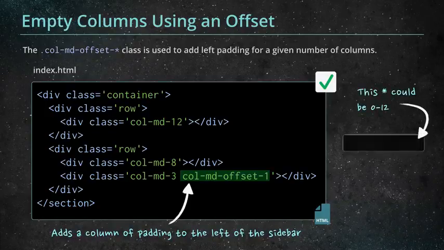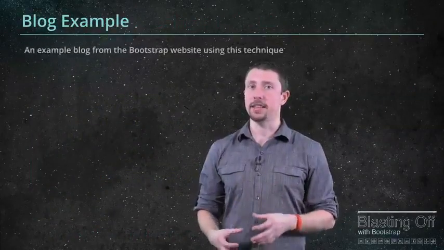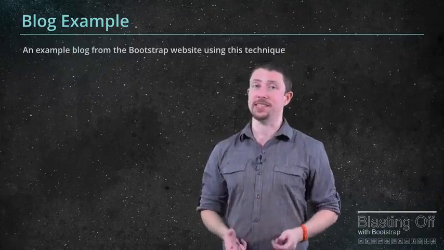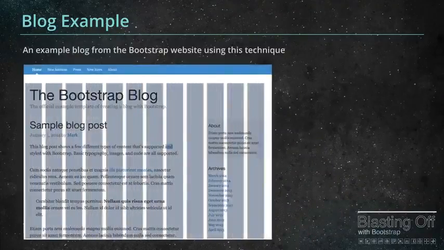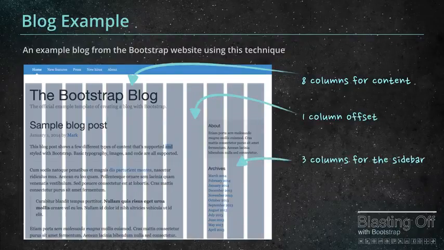This star here could be anything from 0 to 12, and it'll add that many columns of padding to the left side of the element. Let's take a look at an example website from the Bootstrap webpage using this technique. This Bootstrap blog illustrates the concept we were just talking about. So if you take a look at it, there's 8 columns of content, 1 column of offset, and then another 3 columns for the sidebar.